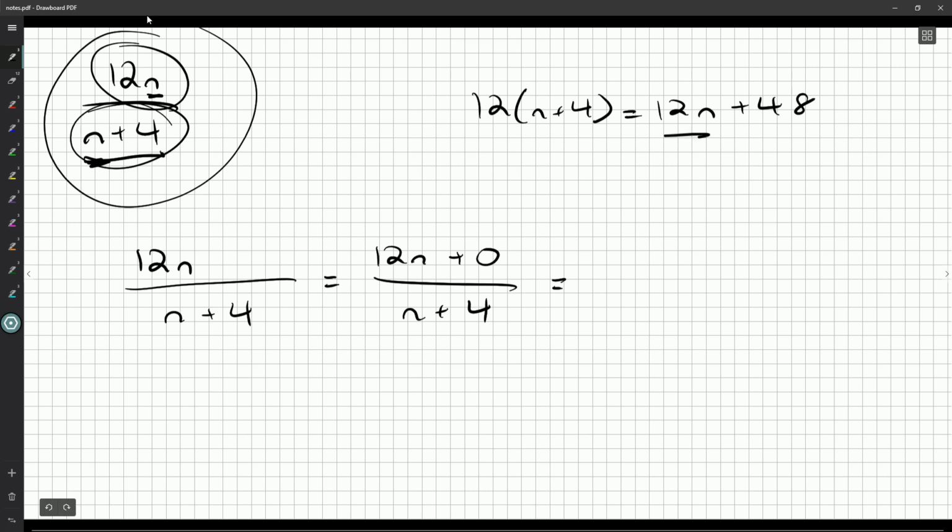So what would I like? I'd like to see 12n plus 48 on top. I've got 12n plus 0, but 0 can be rewritten as 48 minus 48, because 48 minus 48 is just 0, right?